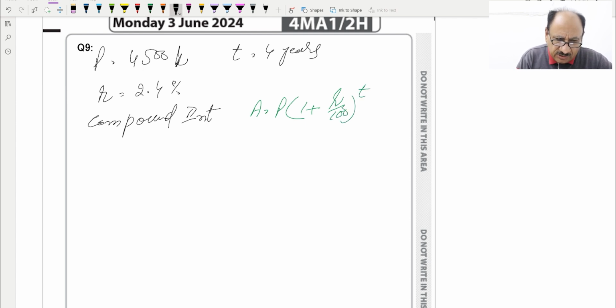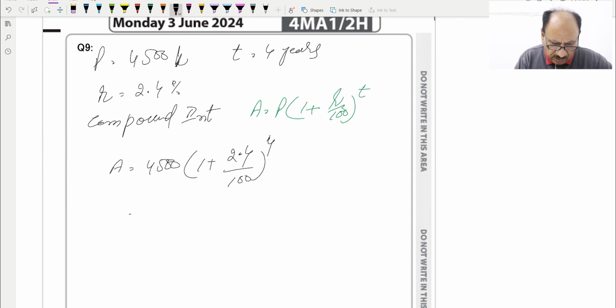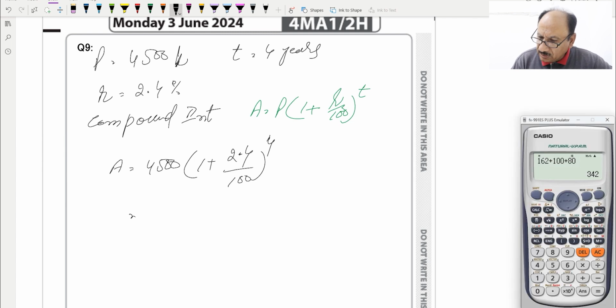Now we'll be replacing in this. Amount will be equal to principal amount, which is 4,500, into 1 plus rate 2.4 over 100, raised to the power 4. This one we'll have to just type in the calculator and we'll get the answer.